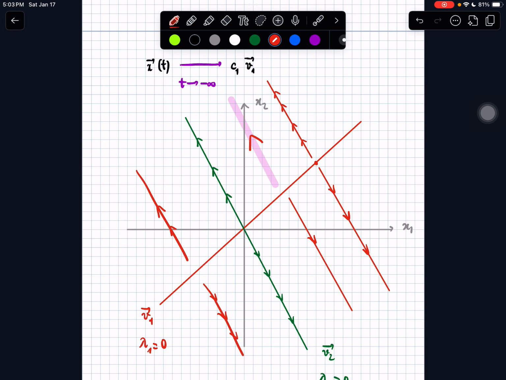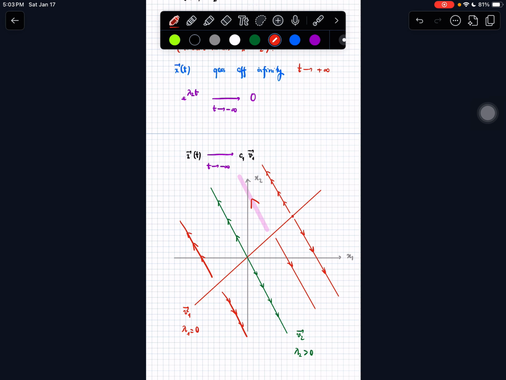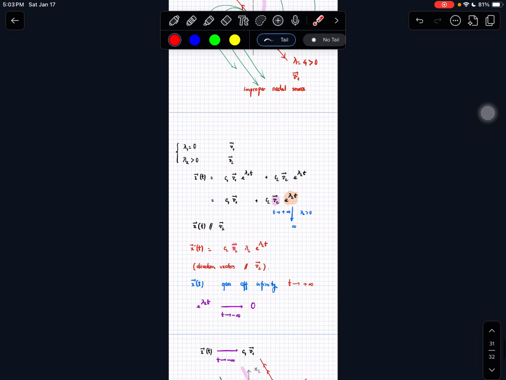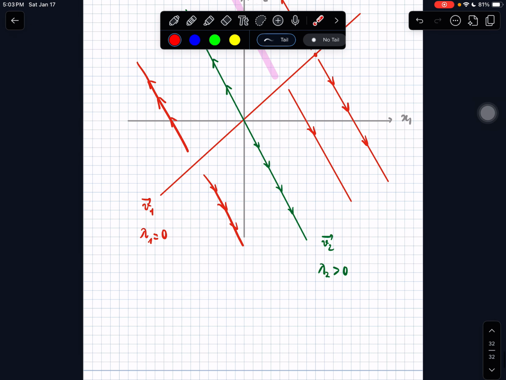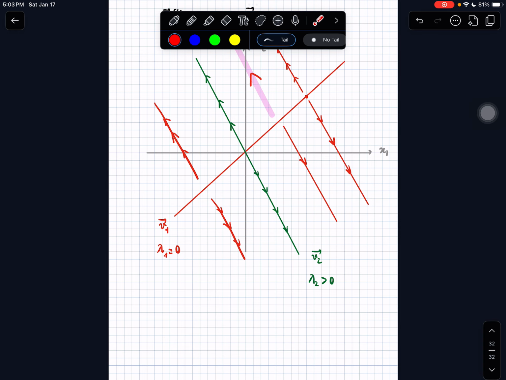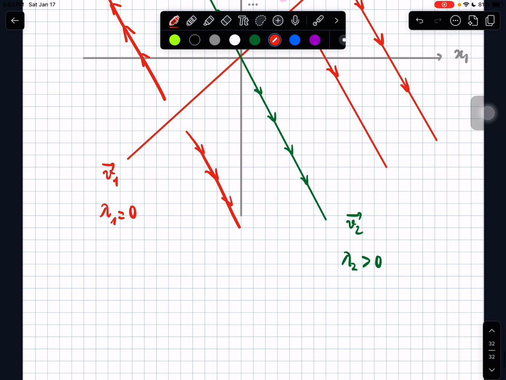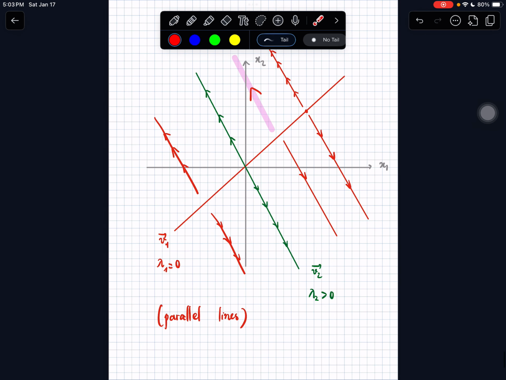So this is a picture when there is a lambda that is 0. When there is 0 as an eigenvalue, we see parallel lines, parallel to the one with lambda non-zero.